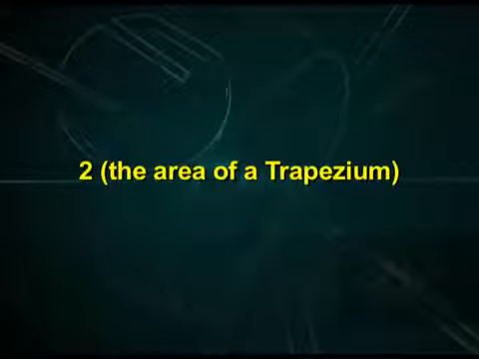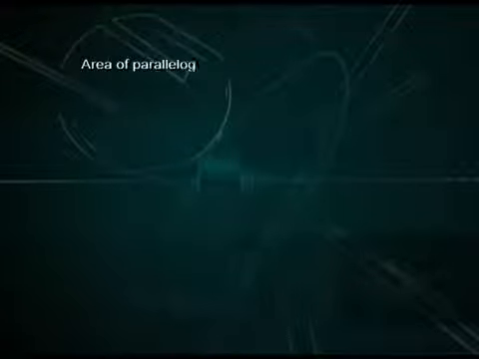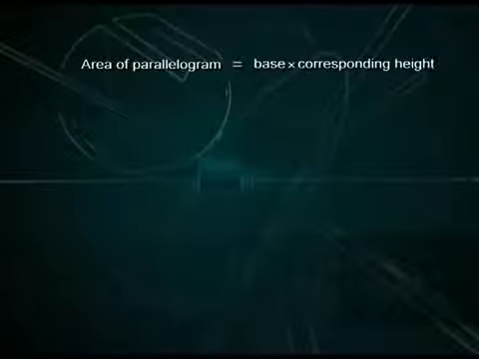Now let us see whether the area of the parallelogram comes out to be twice the area of the trapezium. As you can see, the area of a parallelogram is base into corresponding height. Base is a plus b, which comes out to be 46, and height is 15.